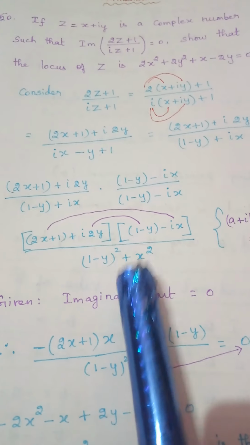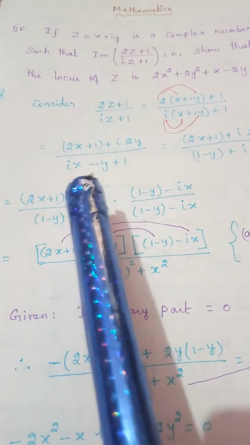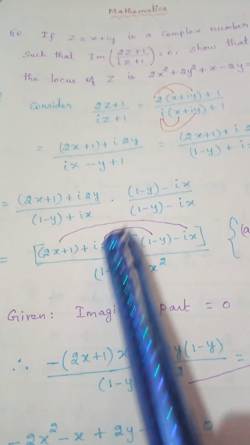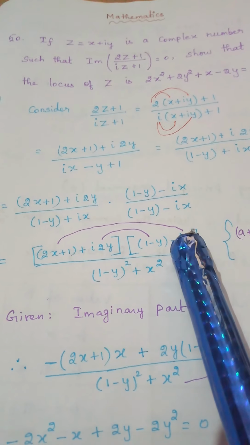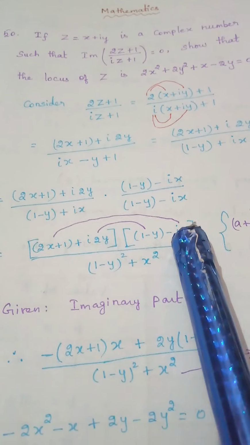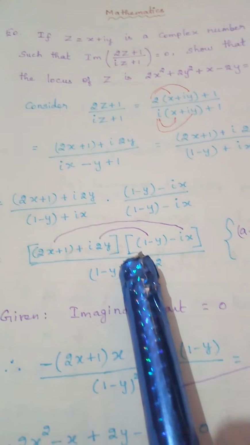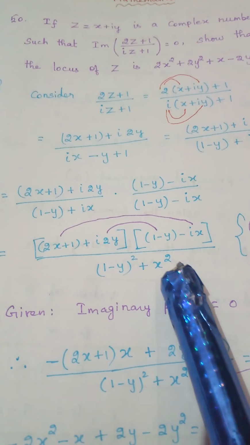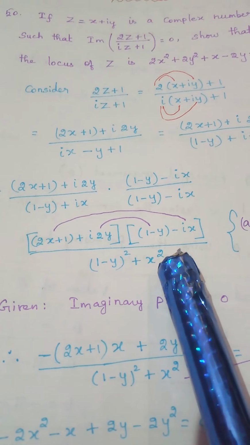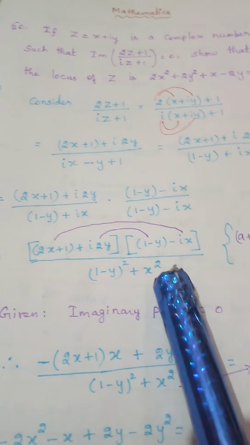So a square plus b square for the denominator. For the numerator I have written the same thing, one inside this bracket and one in another bracket. The numerator is not multiplied yet, I am just writing it as it is. For the denominator, applying the formula, a plus ib into a minus ib is a square plus b square. Once again, this is an important sum. Try to understand it now itself.